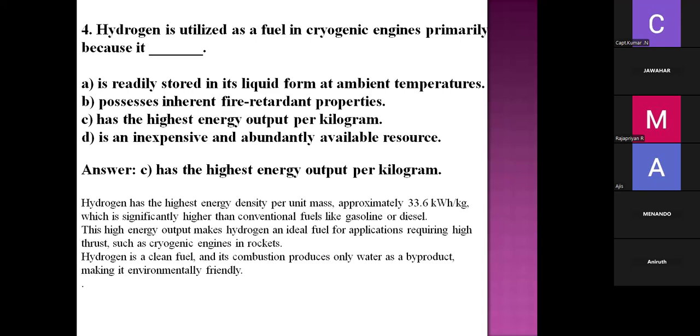These engines are critical for space exploration as they provide the high thrust needed for launching heavy payloads into orbit. Hydrogen's high energy density and green composition make it a preferred fuel choice for cryogenic engines. So option C is the correct answer: the highest energy output per kilogram.